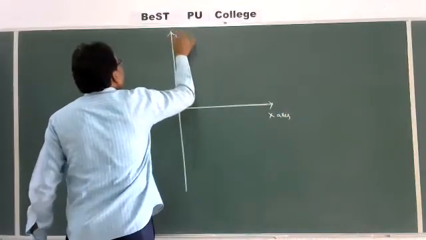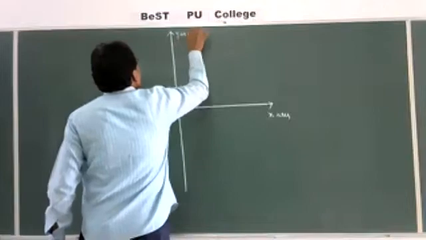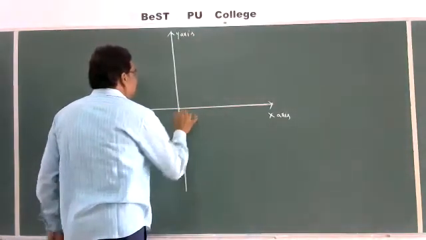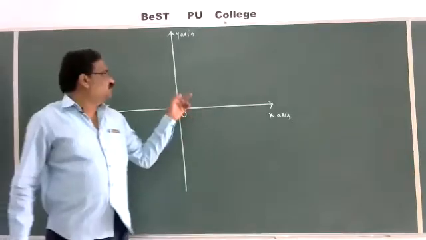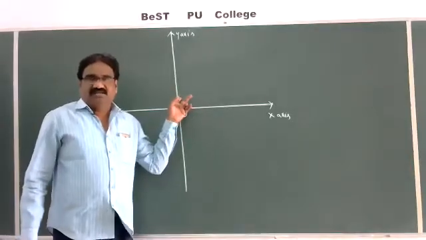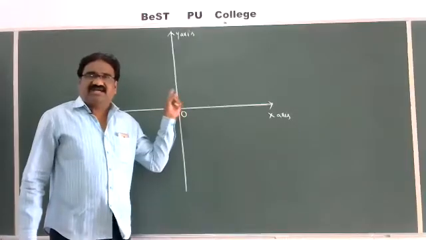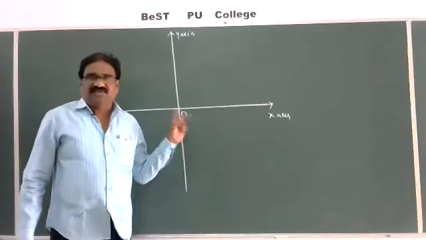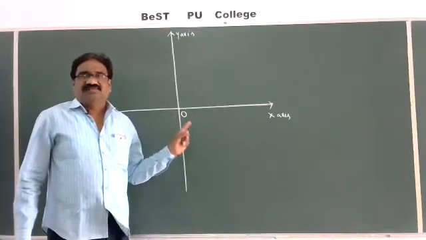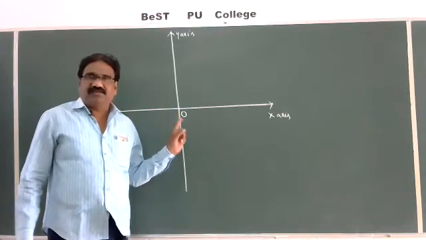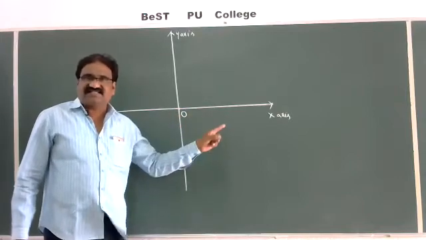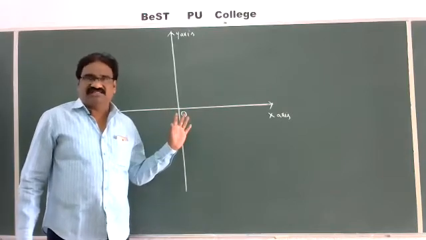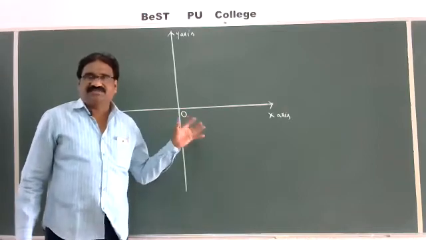The point of intersection of these two mutually perpendicular lines is the origin. The x-axis and y-axis are perpendicular to each other and intersect at one point, that is called origin. This basic concept you already know.